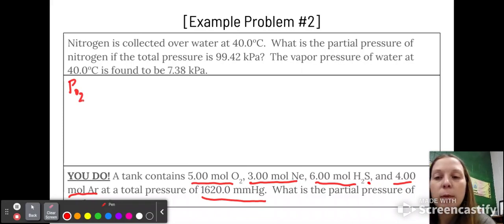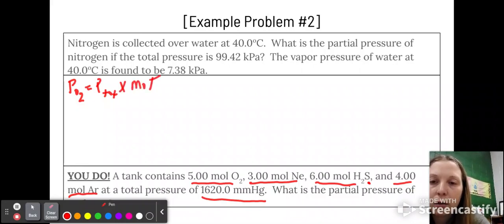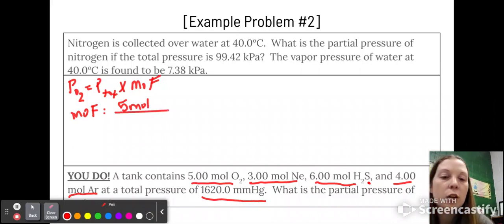So we know, since we've been given moles, our formula is P total times your mole fraction for O2. And that would calculate out to, very easy, we're going to take the moles of just O2, which is 5 moles, over the total moles.